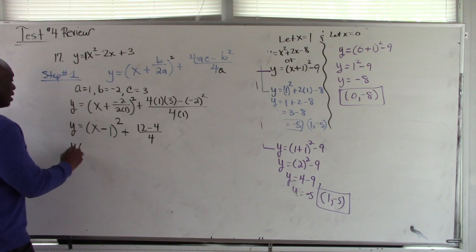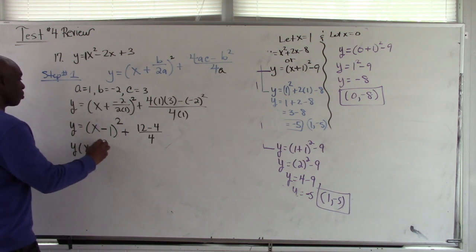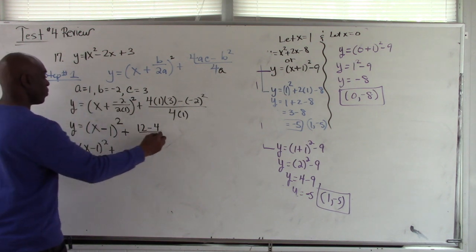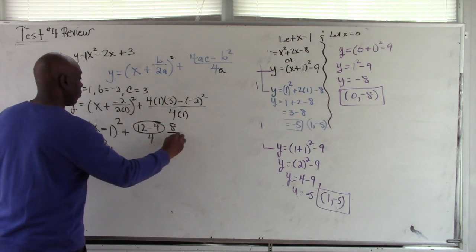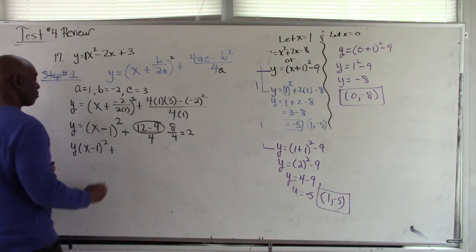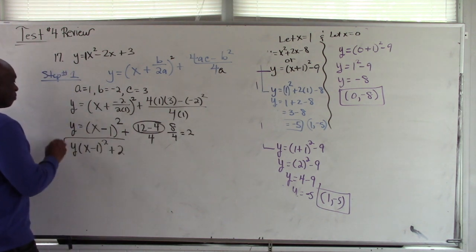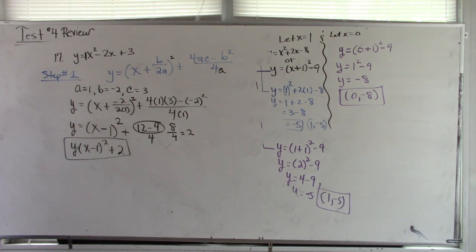So we have y equals x minus 1 squared plus, what is this going to give me here? This is going to give me 8 divided by 4, which is 2, plus 2, and there you go. That's vertex form. y equals the quantity of x minus 1 squared plus 2.